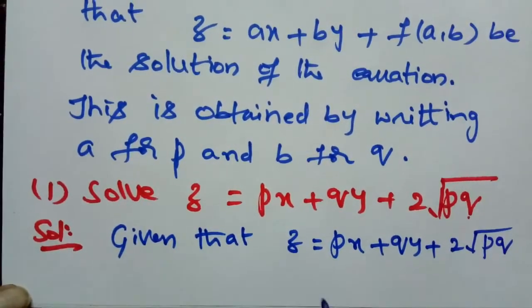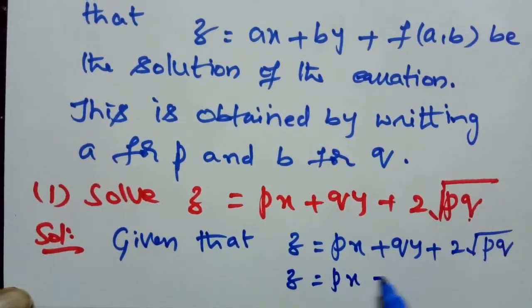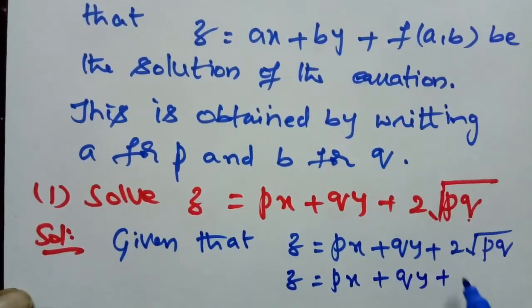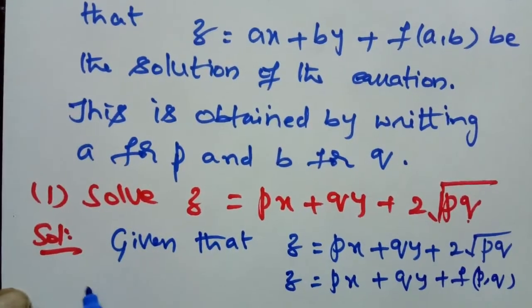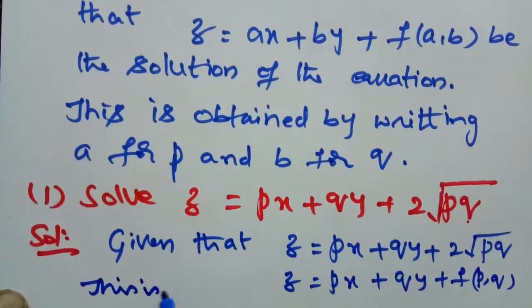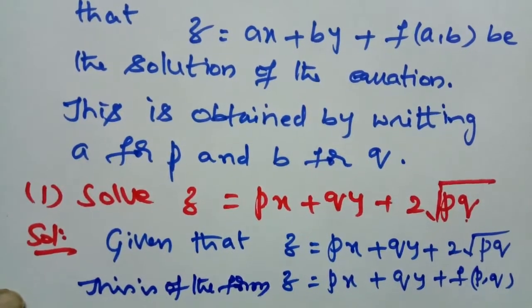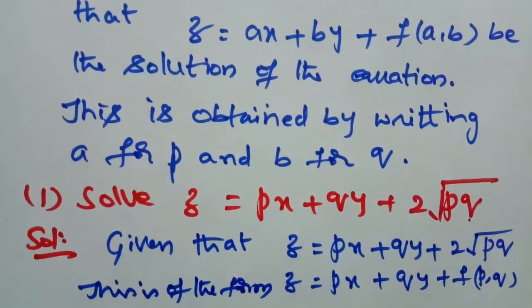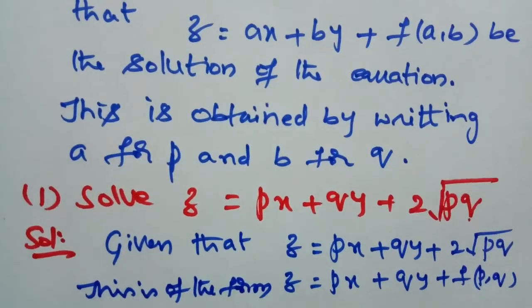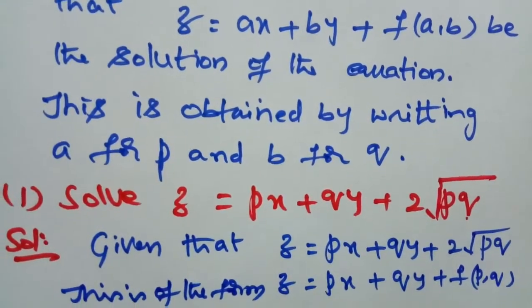This is of the form z is equal to px plus qy plus f of p comma q, which is Clairaut's form. To find the solution in this form, as explained in the procedure, just put p equal to a and q is equal to b in the given equation. You can get the solution.